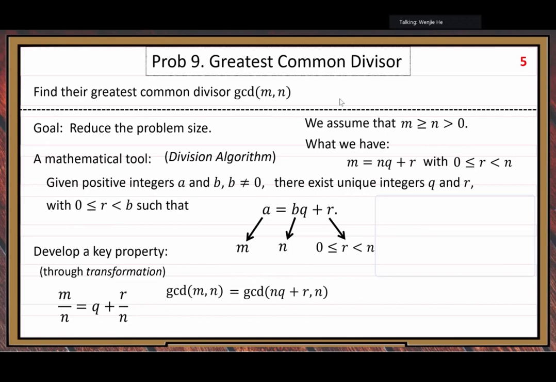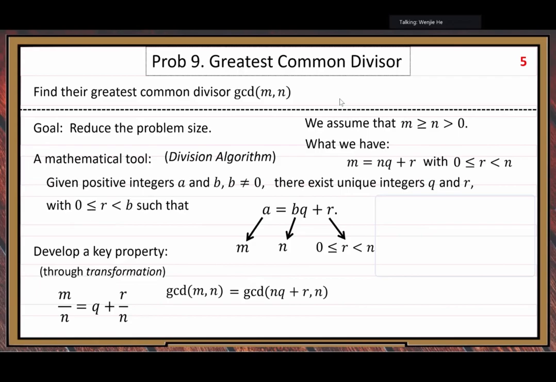So if we consider a common factor between m and n, we can ignore the q term. We only need to look at the common factor between r and n. The integer term does not change anything of the common factor of the numerator and denominator in the fraction. They are separated: the integer term and the fraction part are separated.